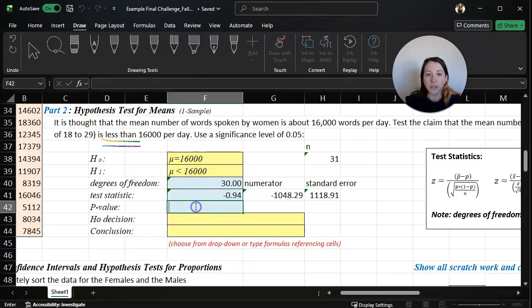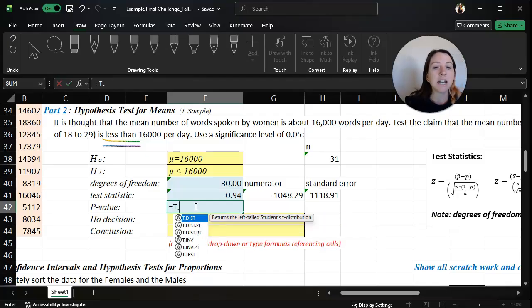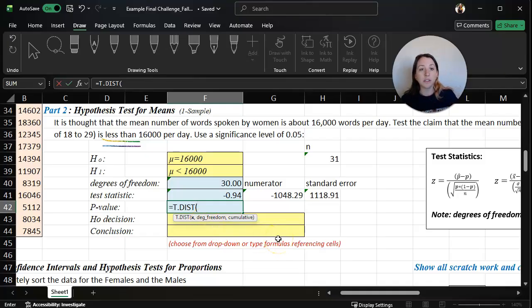Okay, so to find the p-value, the area with our t-distribution as we've been learning about in our modules, we can use t.dist in the same way that we can use norm.s.dist. We're using the t-distribution because we have means with an unknown population standard deviation. We have a sample standard deviation that we calculated, and that's why we're using a t-distribution and a t-score for our test statistic.